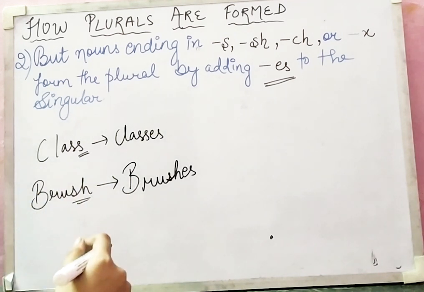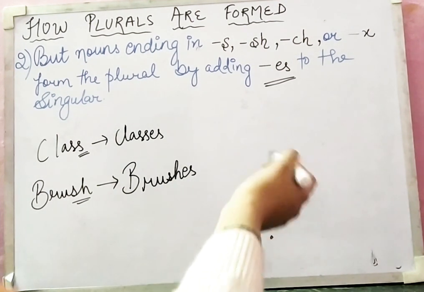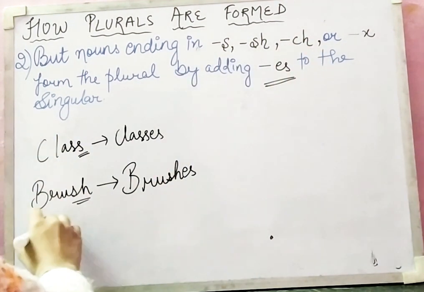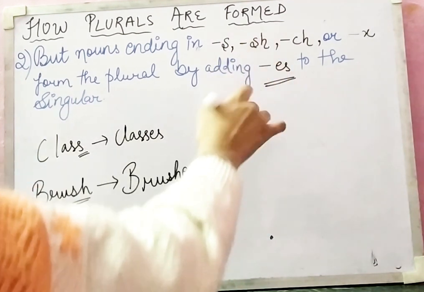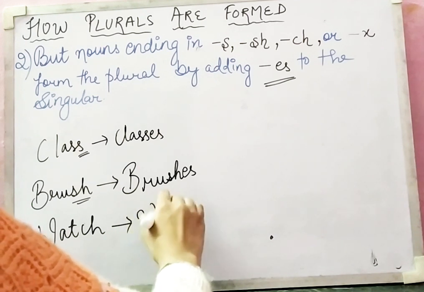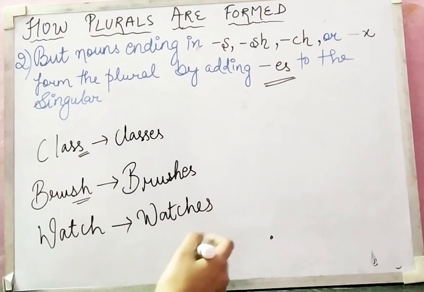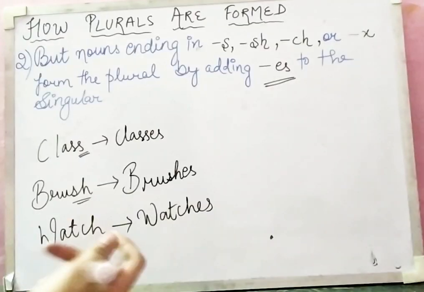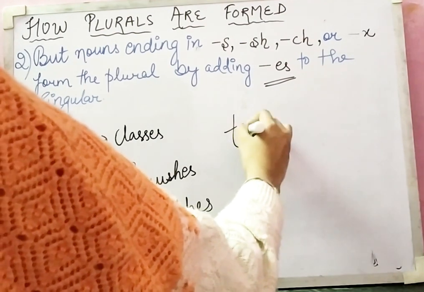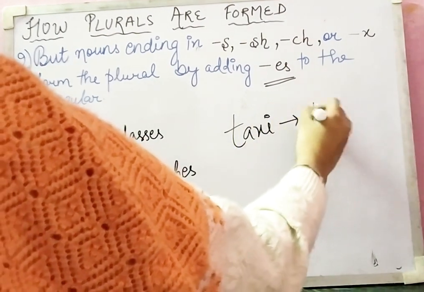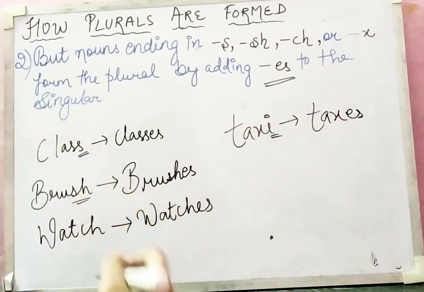Similarly, we can take an example of ch, that is watch. You have to add es to make it plural, so watches. And then you can take x also. X is also given here, meaning one example of a noun that ends with x, like you can take taxi, the plural will be taxis.